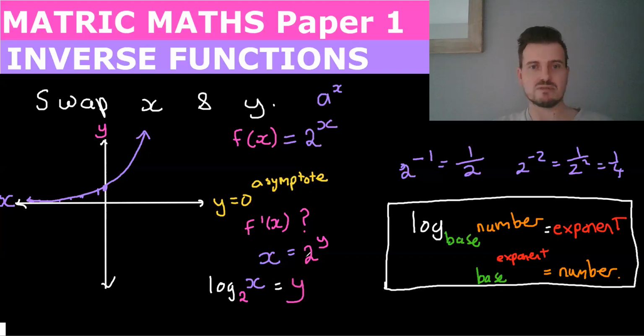And so when we have an exponential graph, the inverse, which you're asked to get, is the log graph. So y equals log 2 to the x.